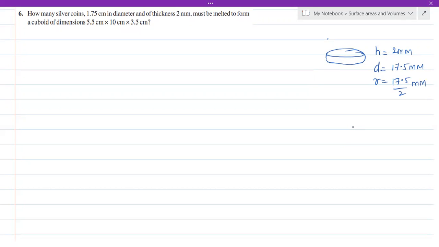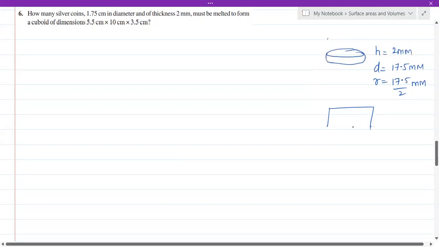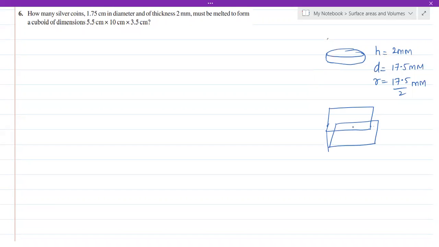This coin must be melted and converted into the shape of a cuboid. Now the dimensions of the cuboid are also given. You have to convert something into a cuboidal shape. Capital L is 5.5 centimeters, so it becomes 55 mm. I'm converting everything into millimeter, and 10 centimeter will become 100 mm.